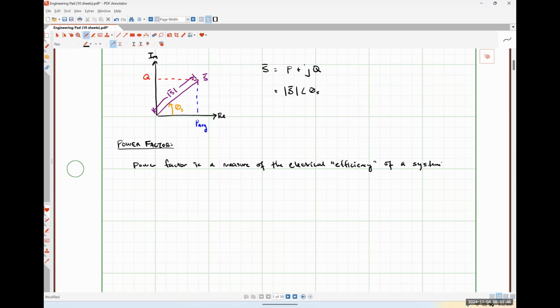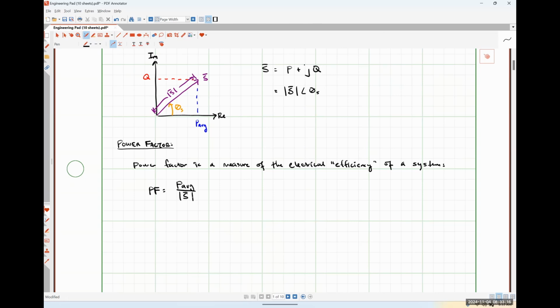And the reason why I'm putting efficiency in quotes is this isn't really a power out over power in type of efficiency like we are traditionally used to. So that's why I put quotes around it, okay? So our power factor is defined mathematically as the ratio of average power to apparent power.